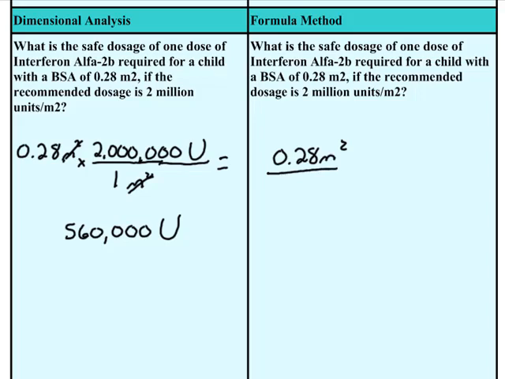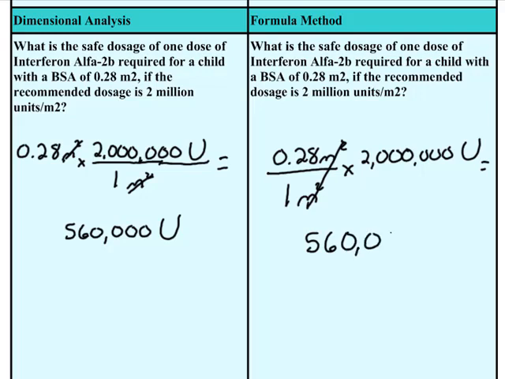We then can see that the recommended dosage is based on 1 meter squared, and it's being given in terms of 2 million units. The meter squared cancels, and we're left with 0.28 divided by 1 times 2 million units, and we discover that we need to give 560,000 units to be safe for this child.